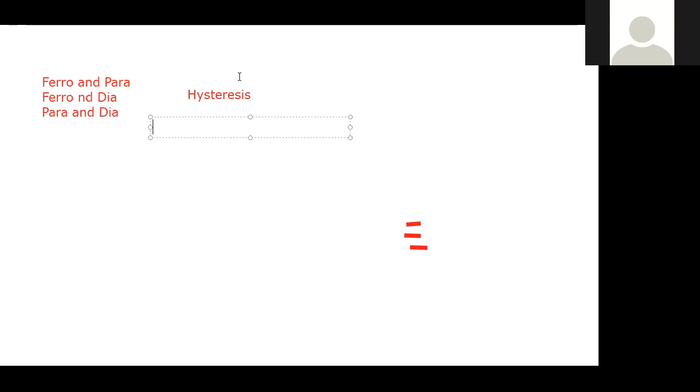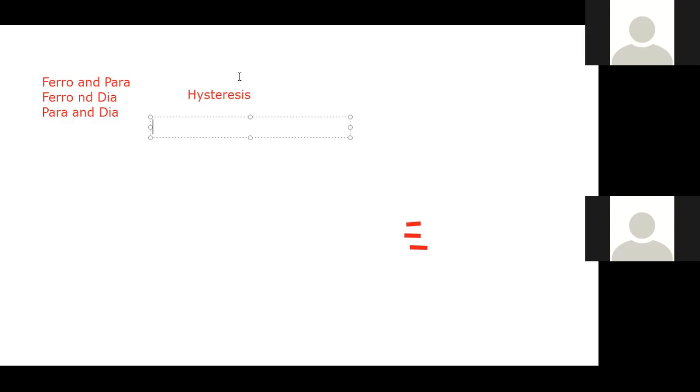Even after removal of the external magnetic field, part of the alignment will still be retained, and as a result the material remains magnetized, or the magnet does not lose its magnetic properties. Now, many physical systems naturally exhibit hysteresis.